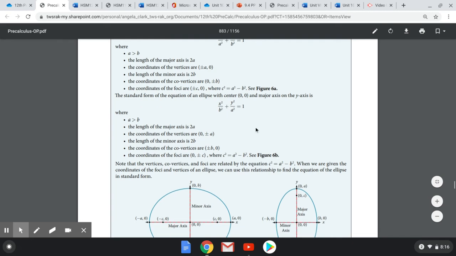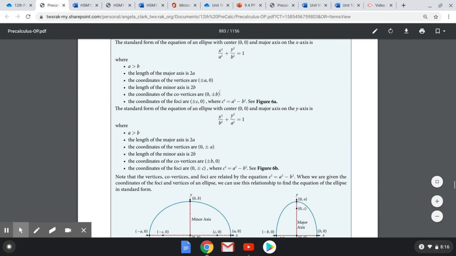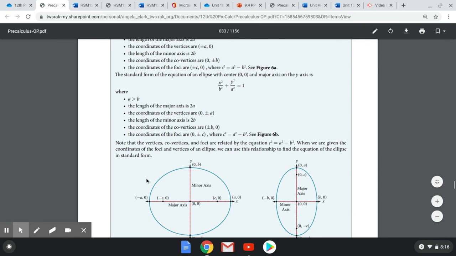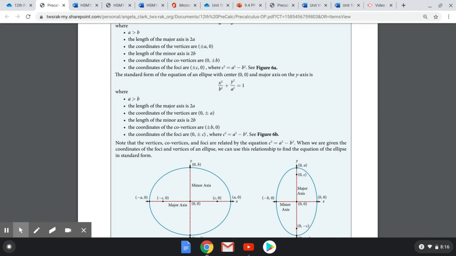If a is under x, the vertices are along the x-axis, so the major axis is parallel with the x-axis. If a is under y, then the major axis is parallel to the y-axis, so it's longer in the y direction.